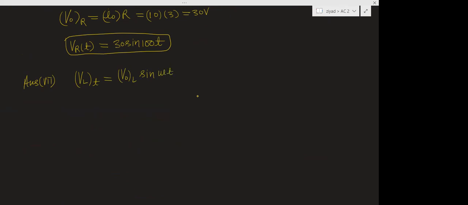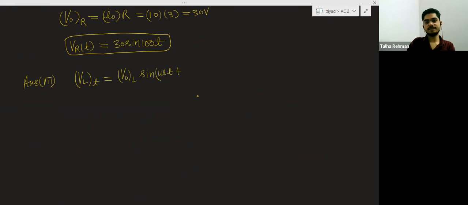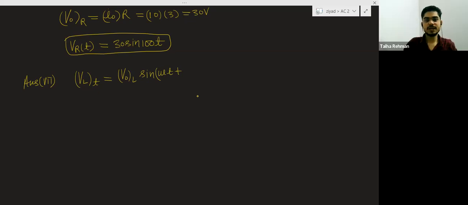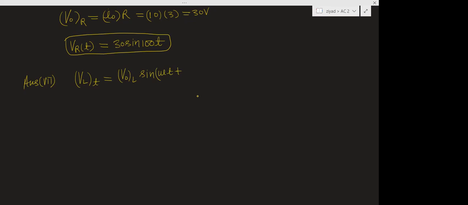It's leading, so plus pi by 2, plus 90 degree. Omega t plus 90 degree.